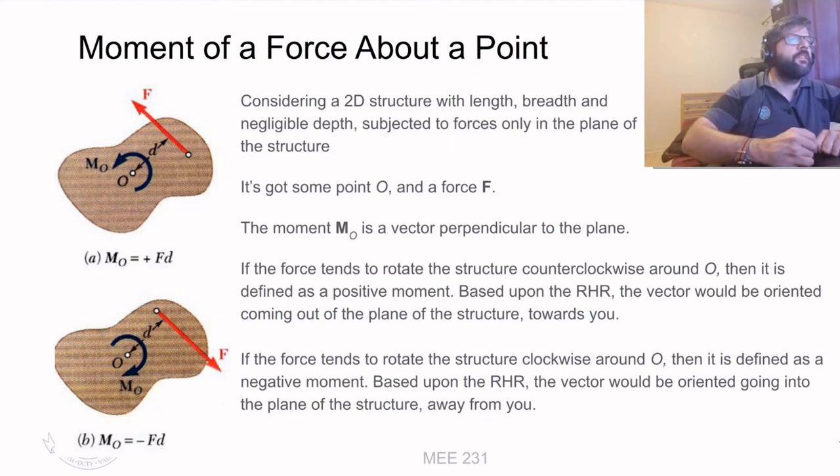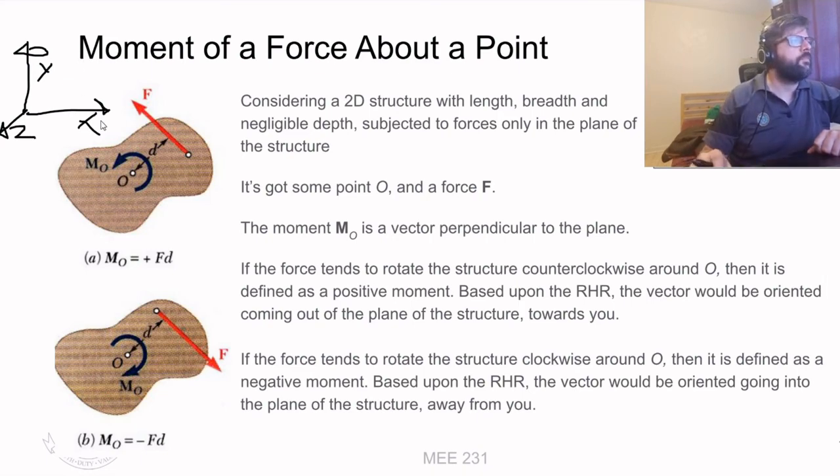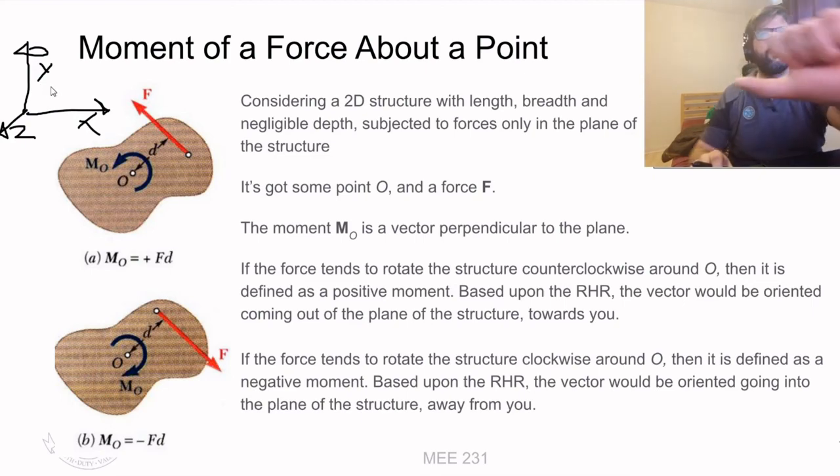Here I'm going to just quickly sketch an axis. Let's assume this is X, this is Y, and we're going to have Z going off in this direction. So essentially, we're still keeping with the right-hand rule.